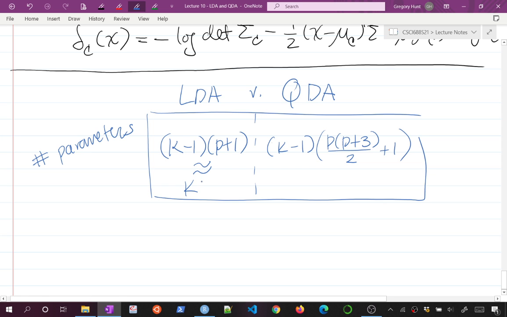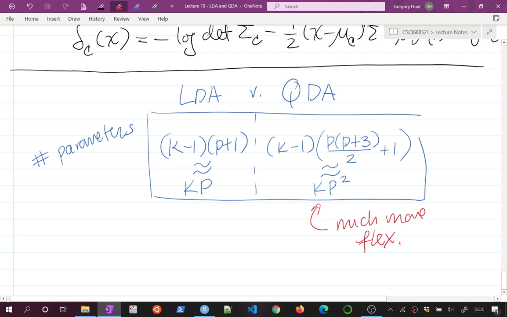But basically, the punchline here is that if I want to use LDA, I basically have k times p parameters that I'm going to end up estimating, and if I use QDA, I'm going to basically have k times p squared. And so what this says is QDA is much more flexible.